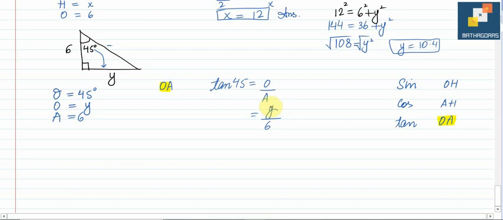Value of tan 45, again on your calculator you will see a button on which TAN is written. You need to press tan on your screen. It will be tan with the open bracket, and now you need to write 45 degrees, right? It is equals to 1. So instead of tan 45, I am going to write 1, implies that y is equals to 6, and that is your answer.